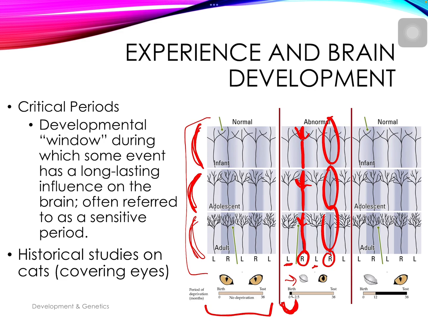They haven't developed properly, and so we've identified that this must be a window, because if you repeat this experiment but do it later in development, here you can see that this particular cat has been able to develop a proper, in this case, right eye series of neuronal connections. Now you can see that if you open this eye and test the eye, those connections are still established.